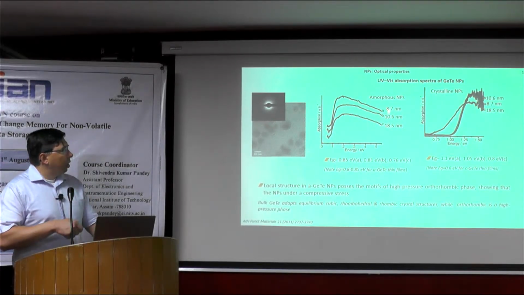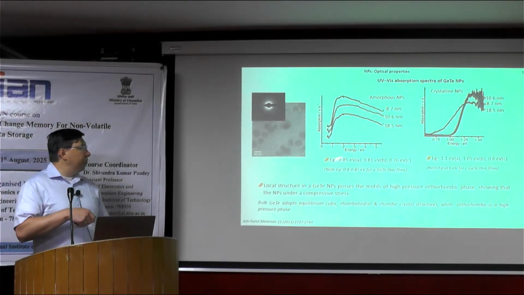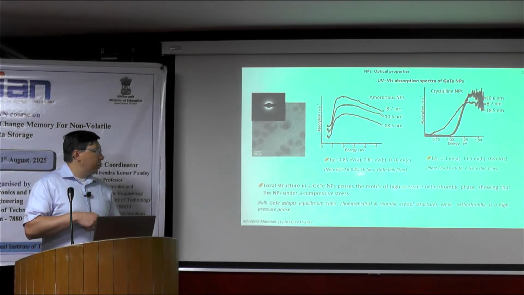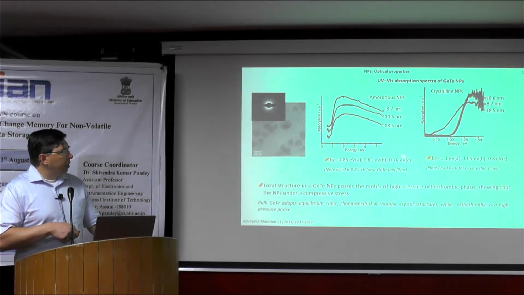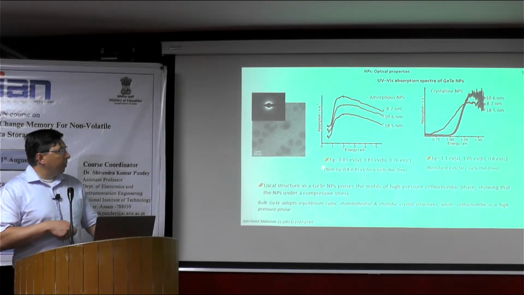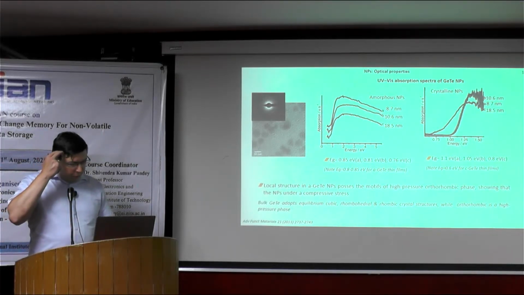For smaller, it's on average 0.5 electron volt, and for larger, this is 0.67. But if you compare to the thin films, which show the band gap in the range between 0.6 and 0.85, we see that there is not a huge difference between nanoparticles and amorphous thin films.